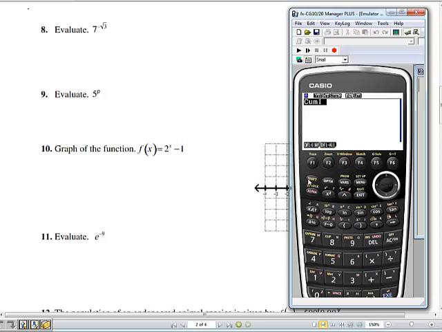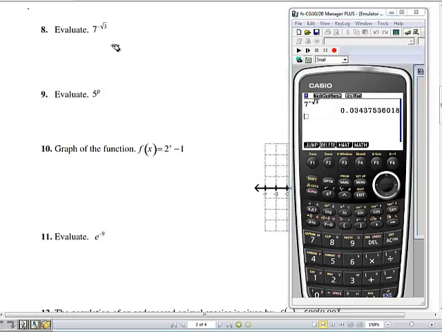I was working on some stats right there. Alright, so this is going to be 7 caret negative radical 3. Okay, make sure you know how to use your calculator when you're doing this, and actually put those numbers in and see if you actually get the numbers I'm getting here.